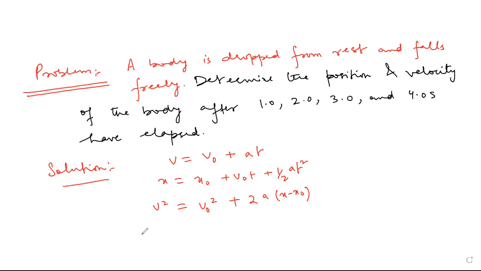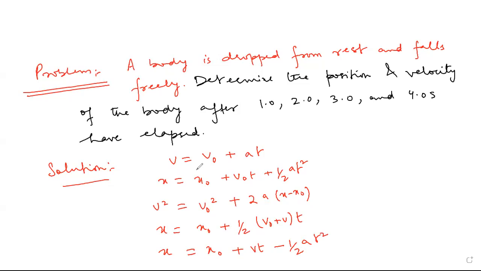Then we have X equal to X naught plus half times V naught plus Vt. And we have another one, X equal to X naught plus Vt minus half At square.